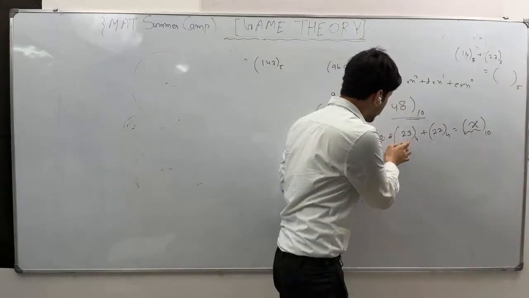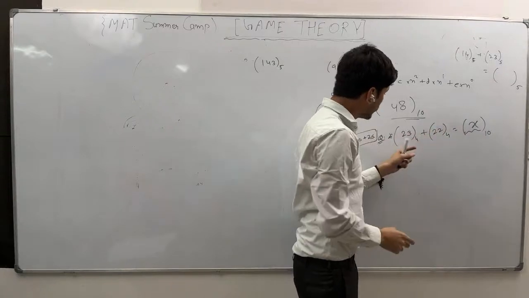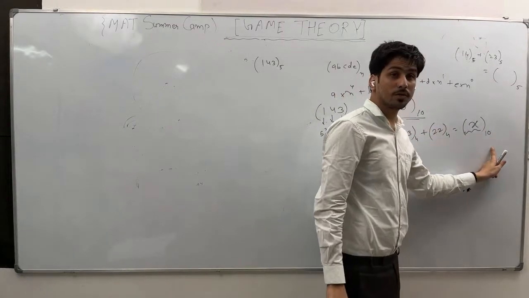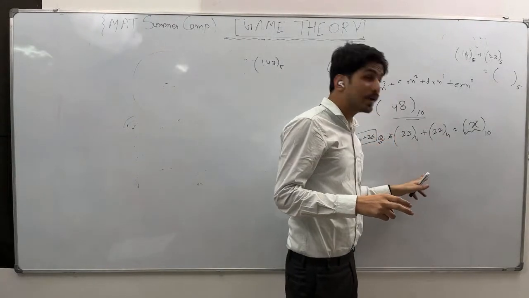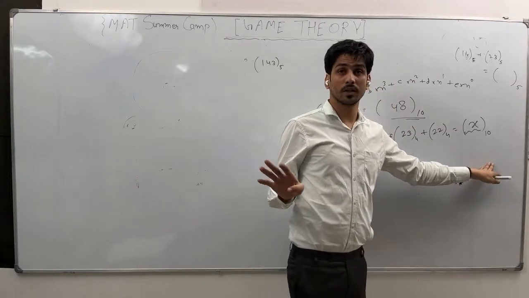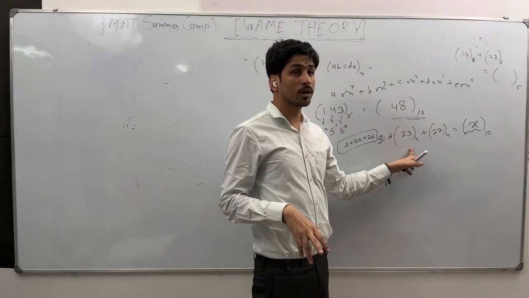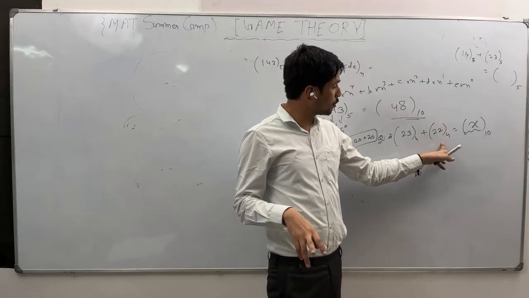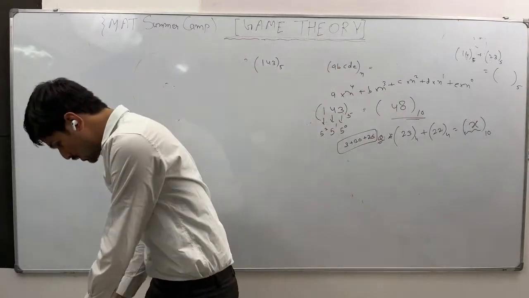The thing is, these are different bases. These two have the same base 4, but here base 10 is given. So there are two ways of doing it. First of all, you have to convert this into base 10, this also into base 10, then you add all of them. How will you convert this into base 4? You convert this into base 10, this also into base 10, then you write the value of x. First you start with a simple question.